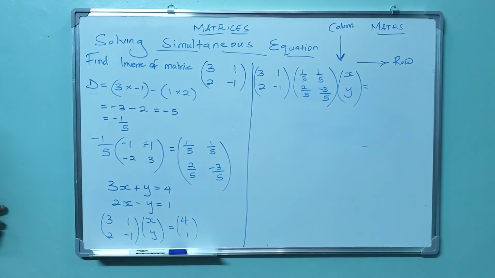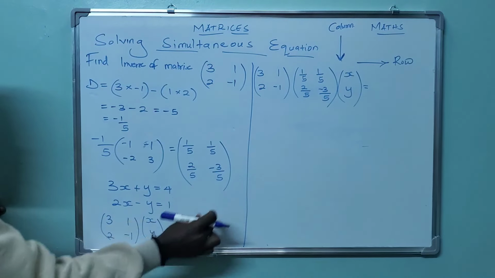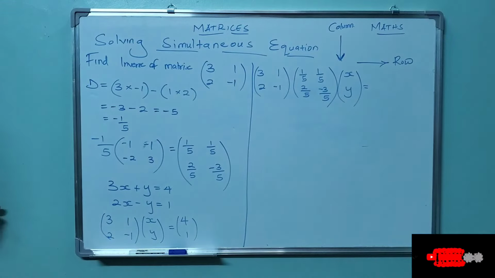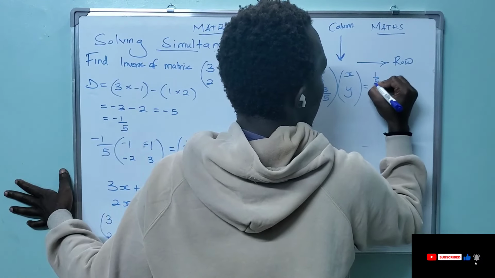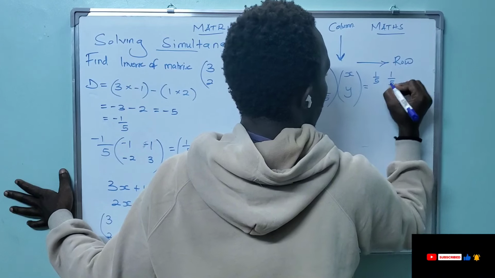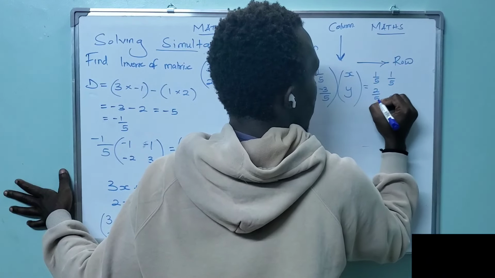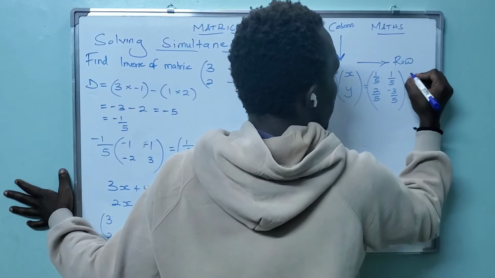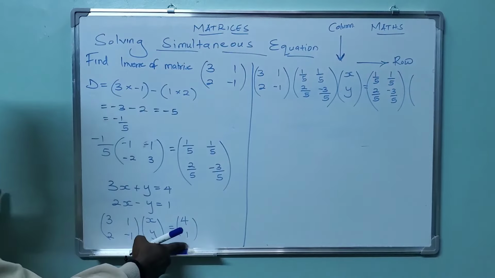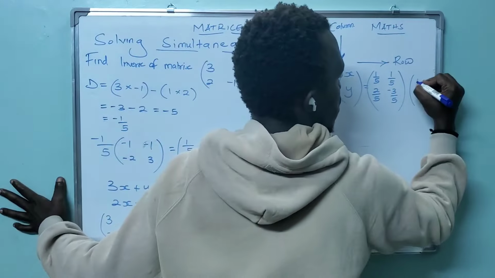It will be much easier to multiply first with the inverse than the matrix that you had on the other side. So the inverse, I'm going to have here 1 over 5, 1 over 5, 2 over 5, negative 3 over 5. Then multiply by this matrix, which is 4, 1.